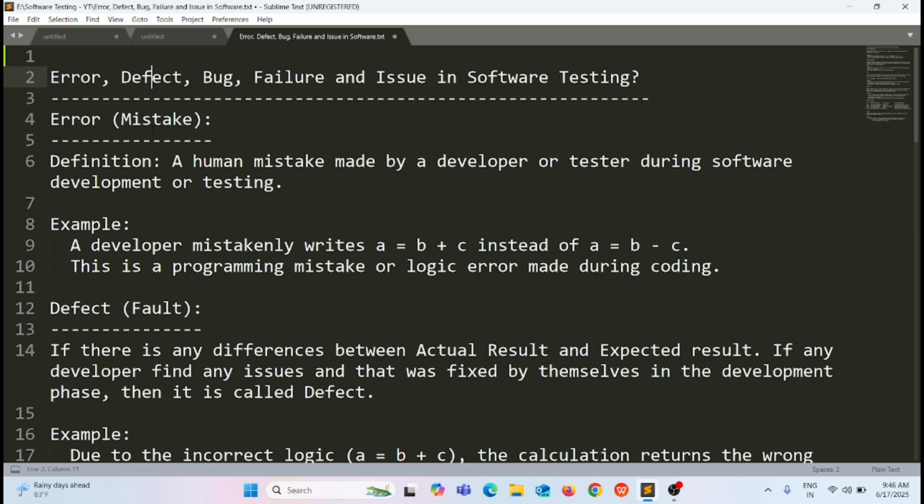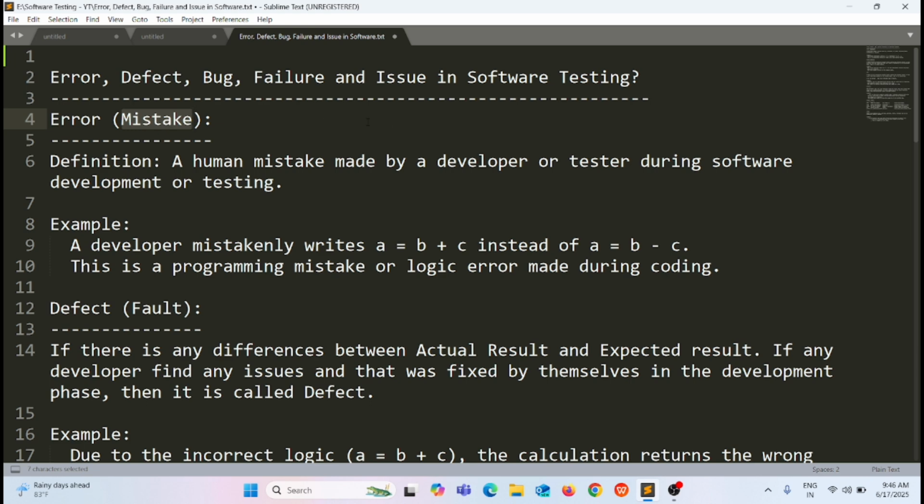So first let's start with error. What is error? Error means mistake. Whenever we make some mistake, that is called error. Now what kind of mistake? Any mistake made by a developer or a tester during software development or testing.